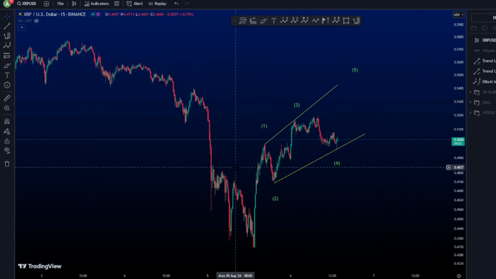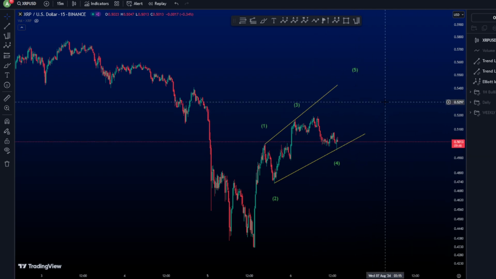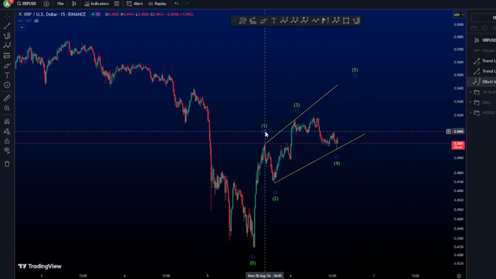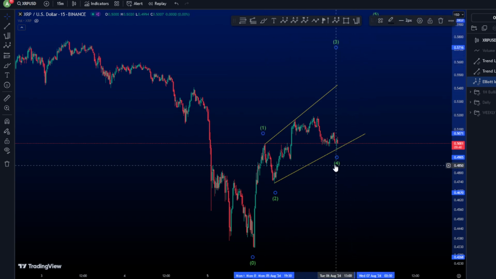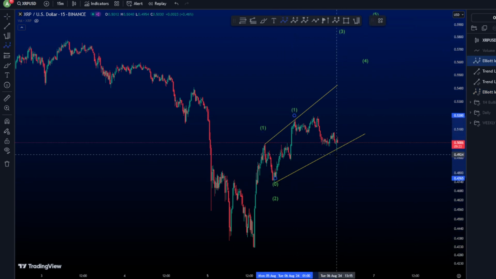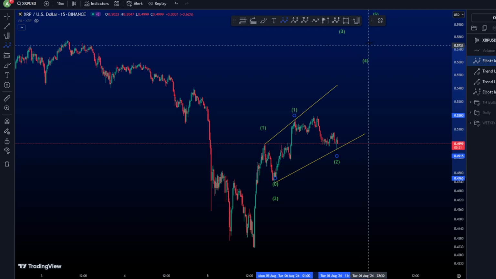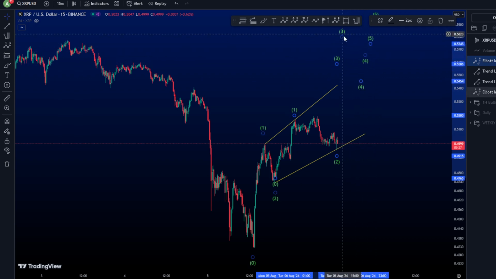It loves to do expanded diagonals as well, so that makes both possibilities available. For now, however, I'm going to stay a little more toward Elliott Wave theory and keep this as a 1, 2, 3, 4, and 5, finishing.